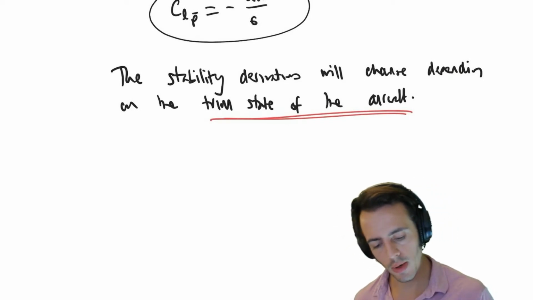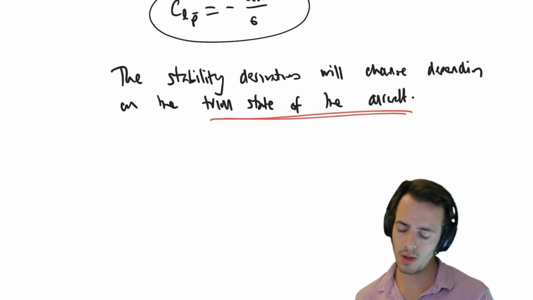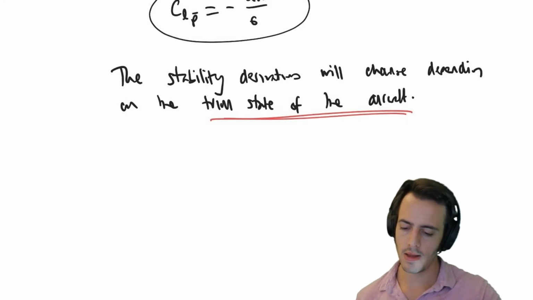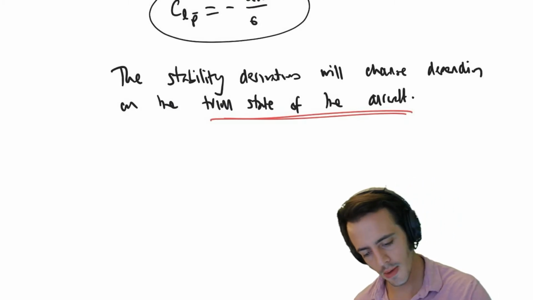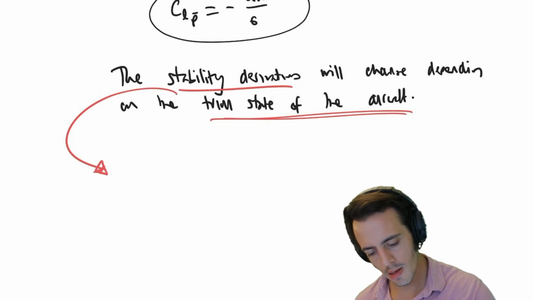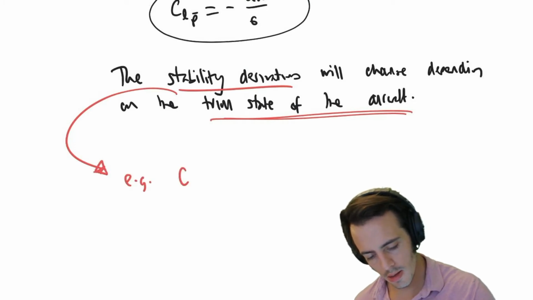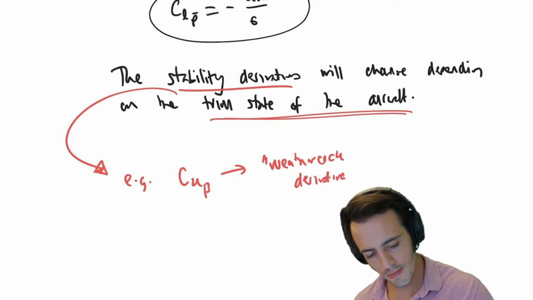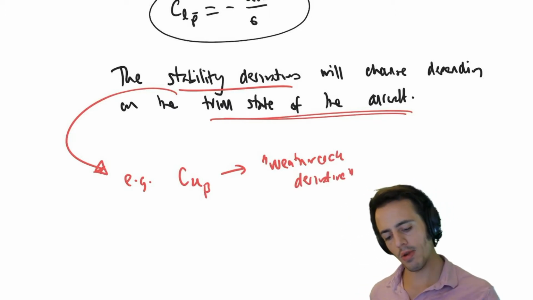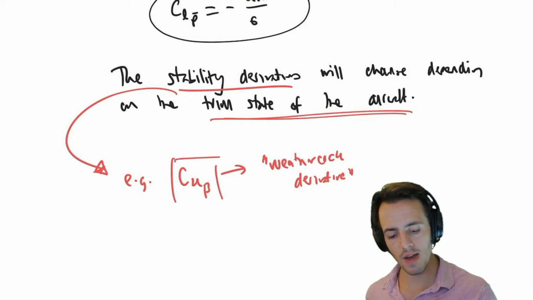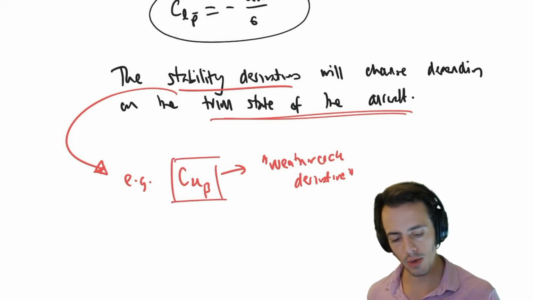And remember that these stability derivatives are all just partial derivatives. So for example, if we were looking at the weathercock stability, so we're looking at Cn beta. Okay, if we're looking at this derivative here, it's only going to be valid for the state at which we've calculated or determined it.